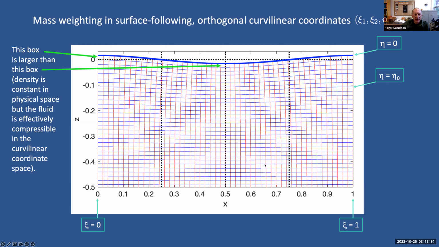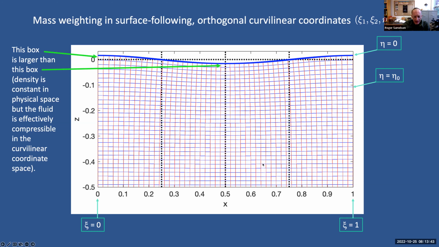So we have Cartesian coordinates as the axis labels, and then a free surface deformation in the thick blue line at the top, and then the coordinates in the red and the blue. And you can see up at the upper left where the free surface is raised, the coordinate box there in the compressible curvilinear coordinates is a little bit larger than the one in the center at the top.